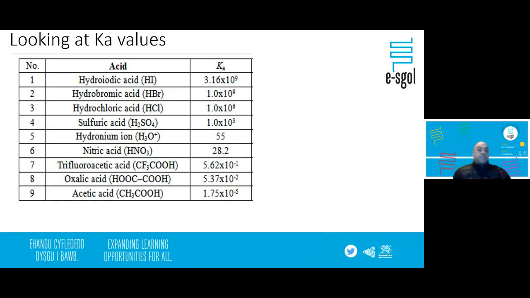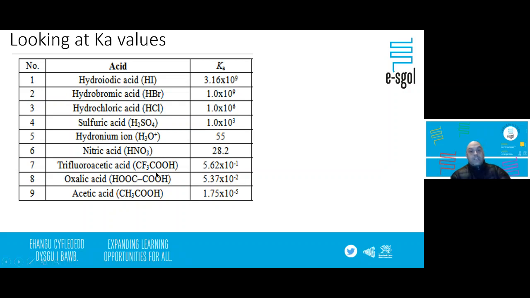So you can see here, it's worthwhile knowing what Ka tells you. Ka is telling you how far equilibrium is lying to the right hand side, and the smaller the number, the weaker the acid. Okay, so you can see here that we've got acetic acid, which is like vinegar, ethanoic acid to you, 1.75 times 10 to the minus 5.